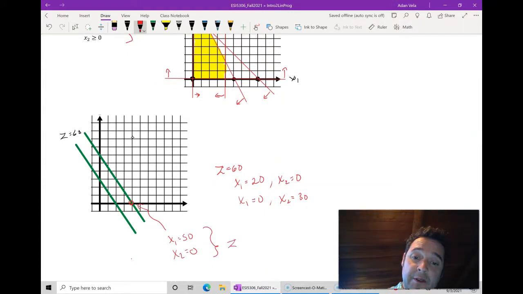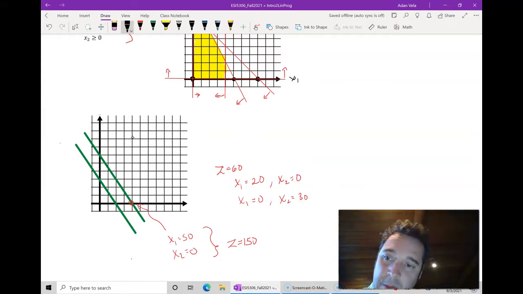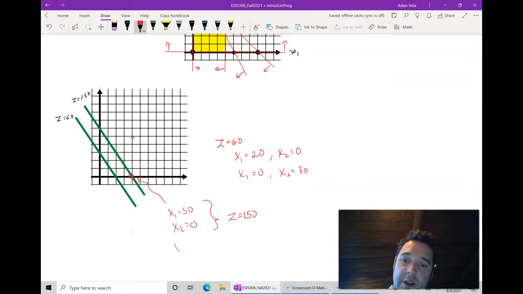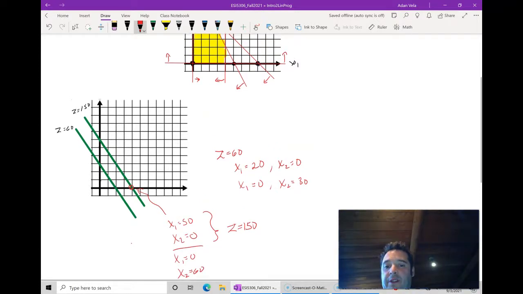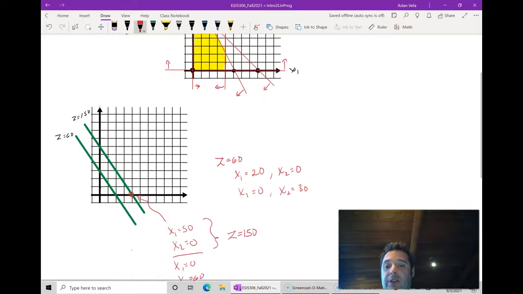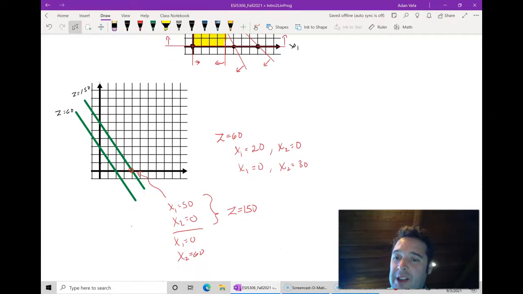So that's going to have a value of z equals 150. If we look at the corresponding x2 value, the other solution that we have is x1 equals 0 and x2 equals 40.